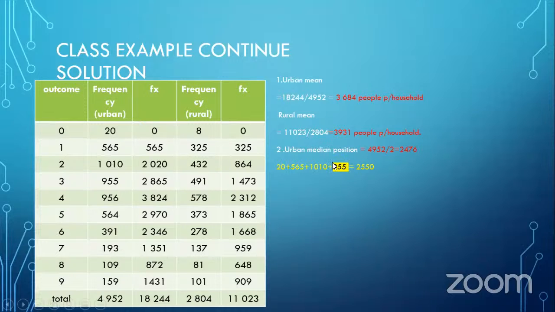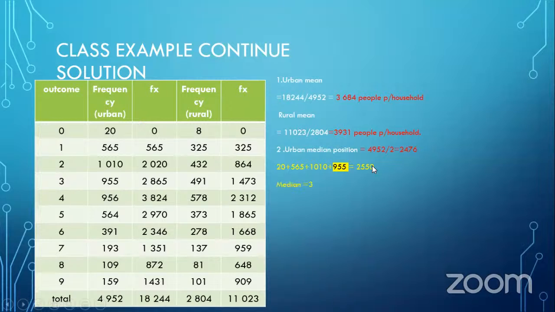To get the median, what we did here is take the 20 plus the 565 plus the 1,010 plus 955 to get 2,550, which is past this one.